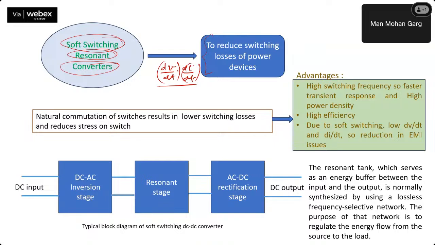Now, before going to this word soft switching, what does it mean? Let us see what hard switching is. When we were seeing the characteristics of ideal switch and non-ideal switch, we saw these things. In hard switching, ideally, when the switch is turned on, let's say this is the current, your current suddenly jumps to this, right?